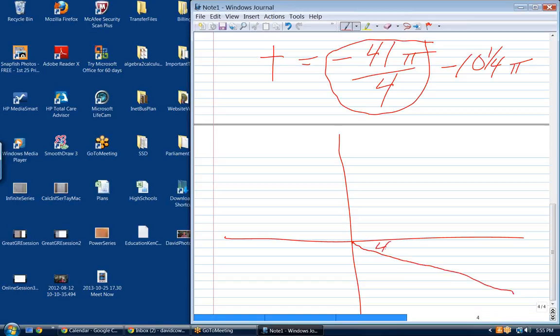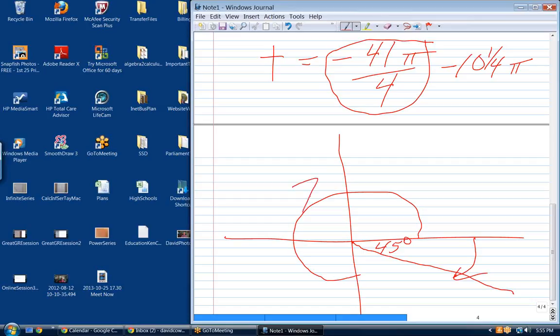So then the reference angle, would it be negative pi over 4 or would it be positive pi over 4? It'd be negative, because we're going this direction, so it's negative angles. You could also call it 7 pi over 4.